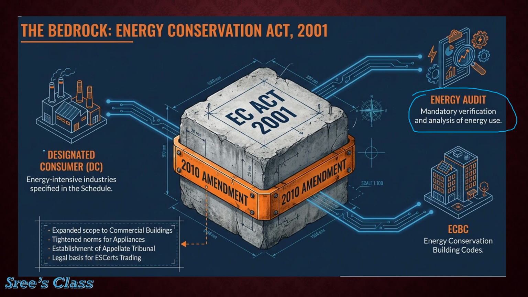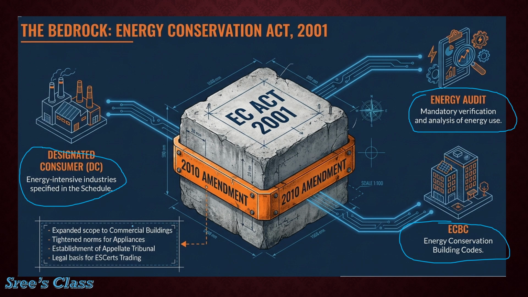And designated consumers: energy intensive industries are given a name called designated consumers. We will be discussing designated consumers in detail afterwards. Next, also ECBC, Energy Conservation Building Code, that is also a part of this EC Act.